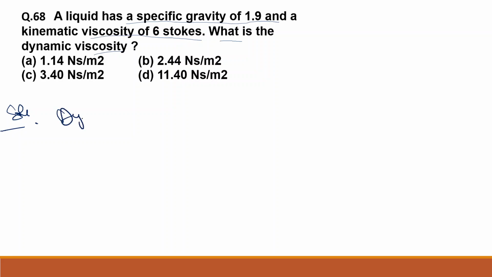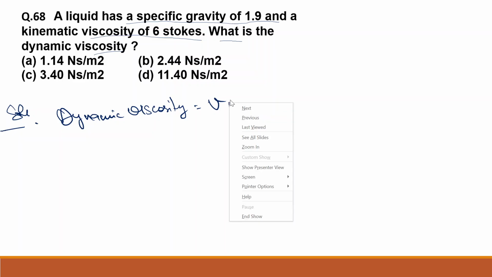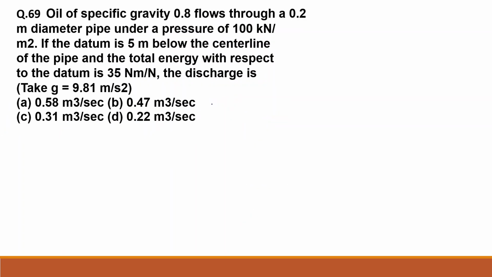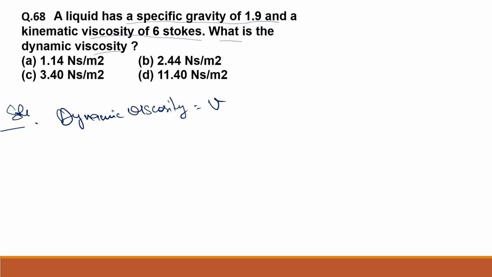Dynamic viscosity mu is equal to rho times V. This one is rho.